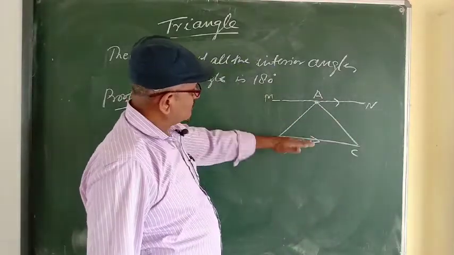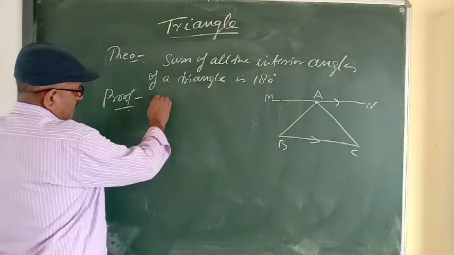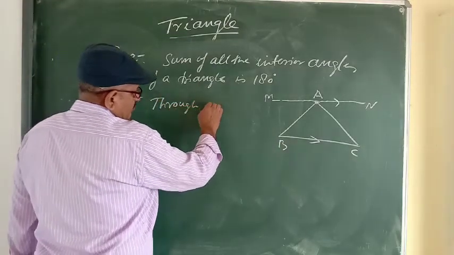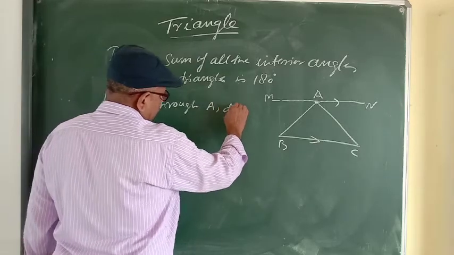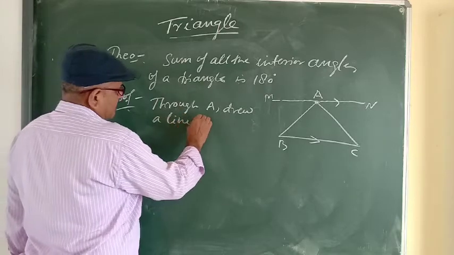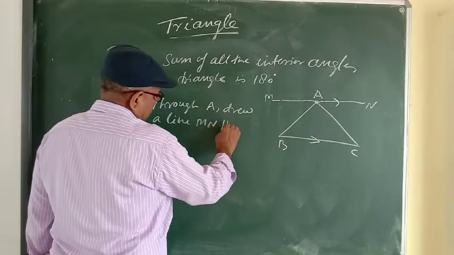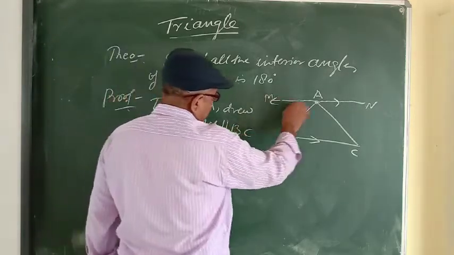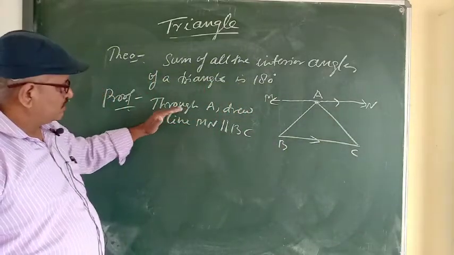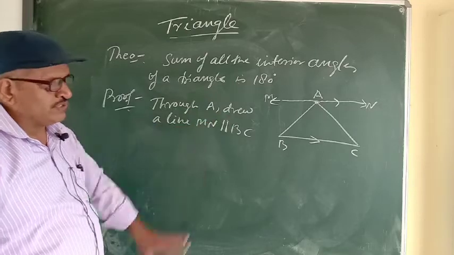So here MN is parallel to BC. This is the construction: through A, draw a line MN parallel to BC.